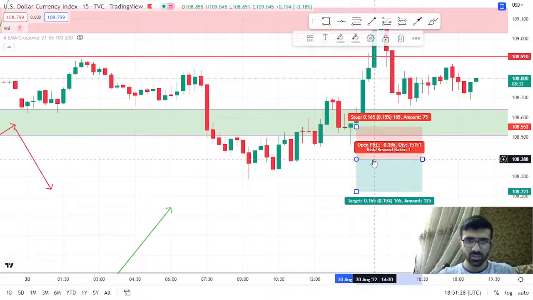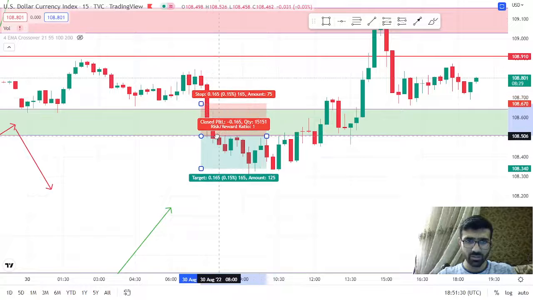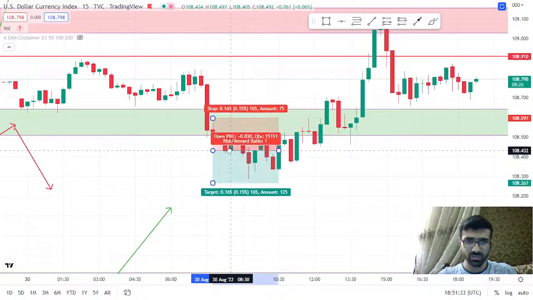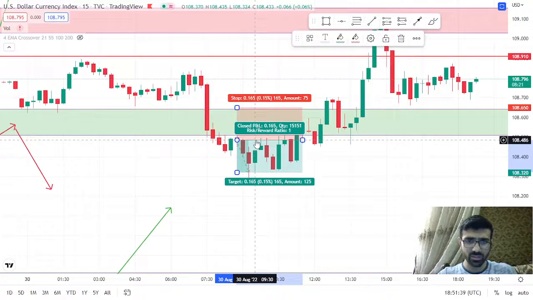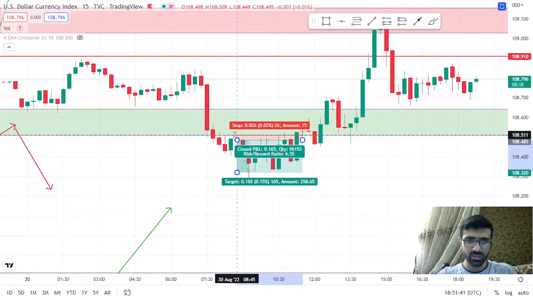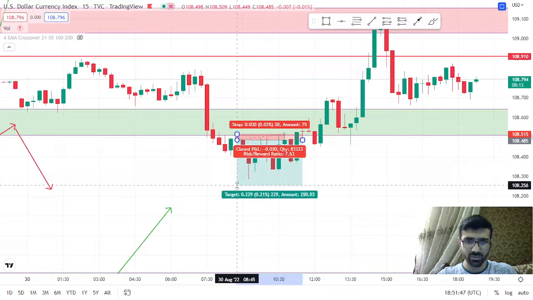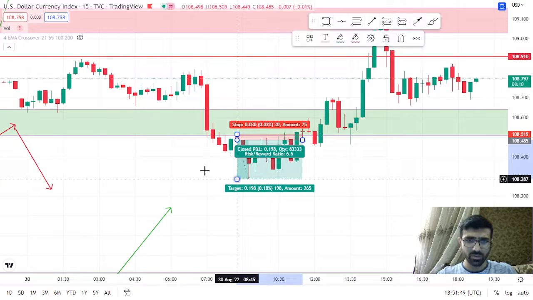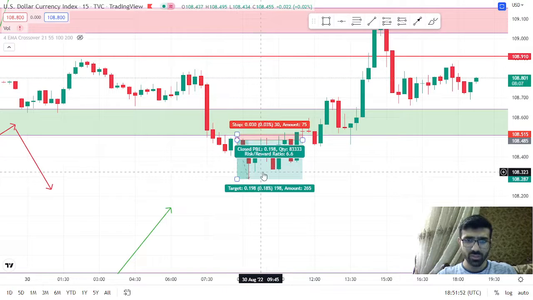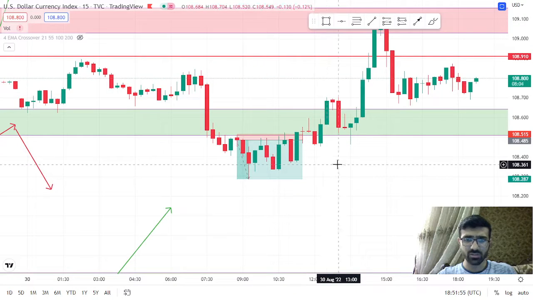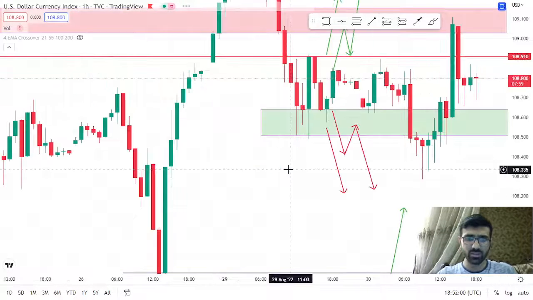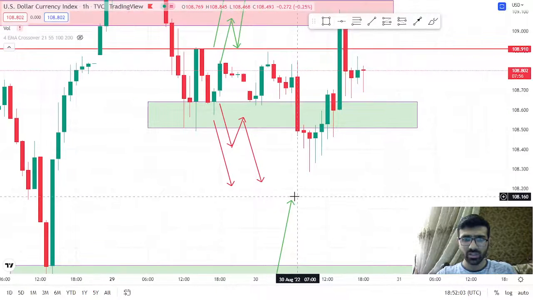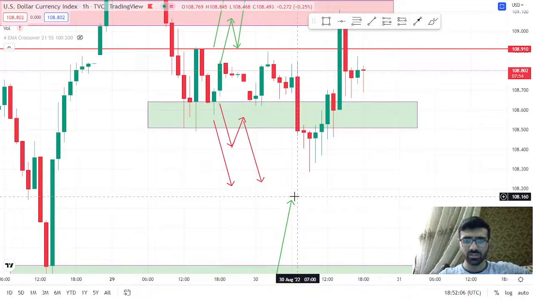Always the double bottoms that I recommend: here the area was broken and here it was broken for the second time, so you could have easily entered over here. The stop loss would be exactly above this candle, and the take profit would be somewhere around here. This is a risk to reward ratio of approximately 6.6, which is huge. It was a simple and successful trade, and it was on a retest level as well.